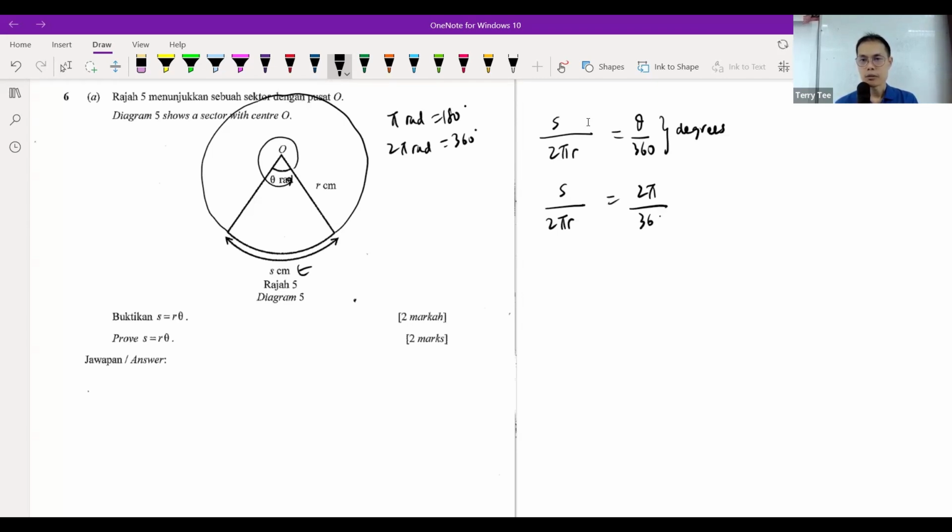Then we can cancel 2 pi and 2 pi, very simple. Multiply the r over, and this will be in radian. This S is just r theta. Very actually easy way to prove it. All right, that is part A.